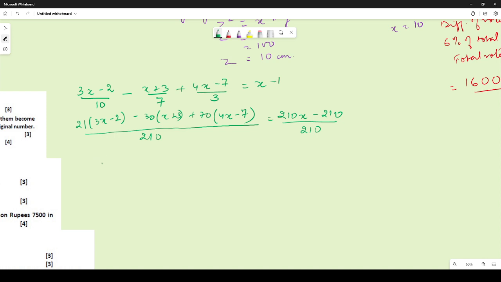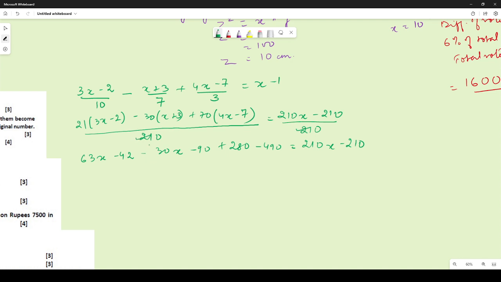Now this becomes 63x minus 42 minus 30x minus 90 plus 280x minus 490 equals to 210x minus 210. Because the denominators are the same, we will just disregard them.